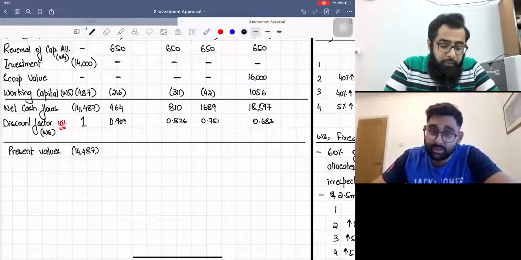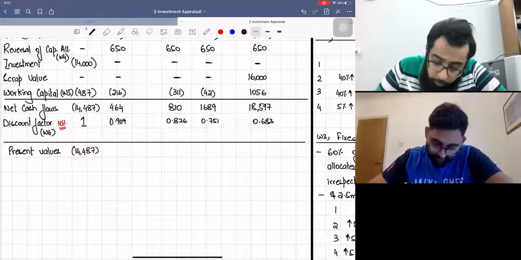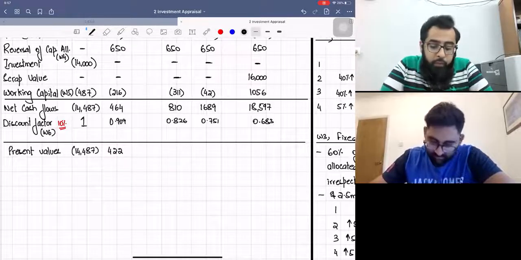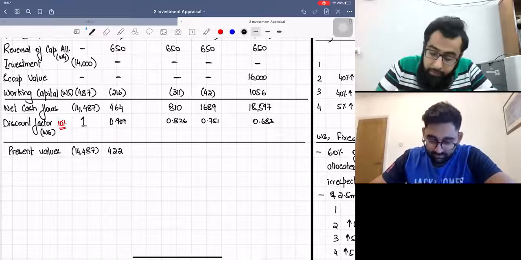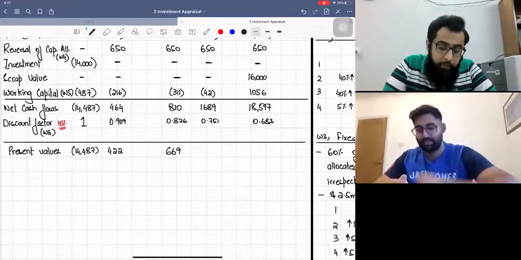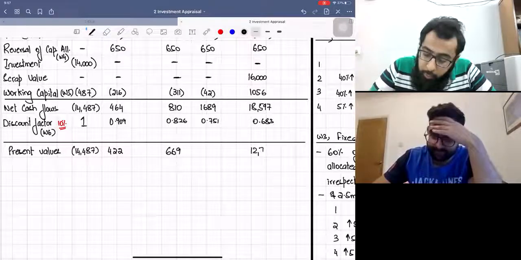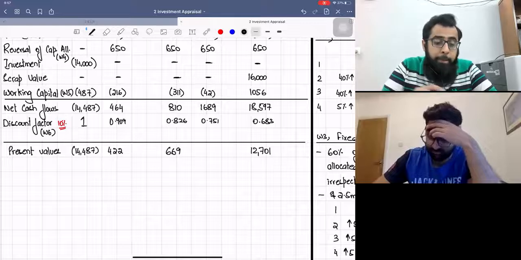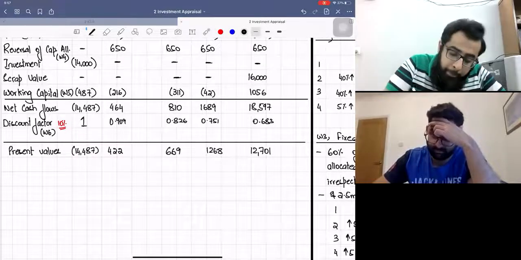464 into 0.909. It is 422. 810 into 0.826. It's 669. Last one is 12701, 0.751 is 1268.